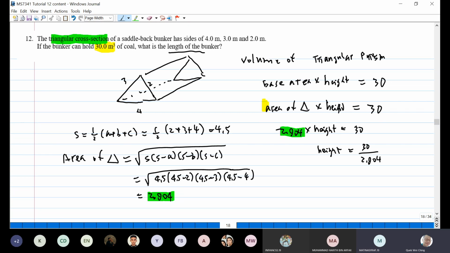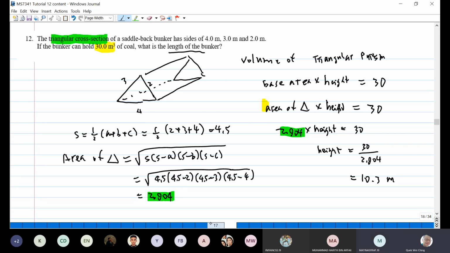Calculating this gives 10.3 meters. So the height or the length of the bunker is actually 10.3 meters.